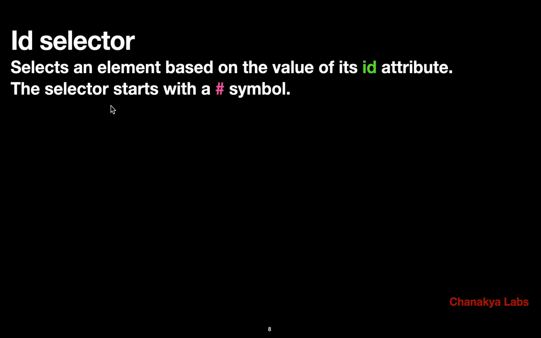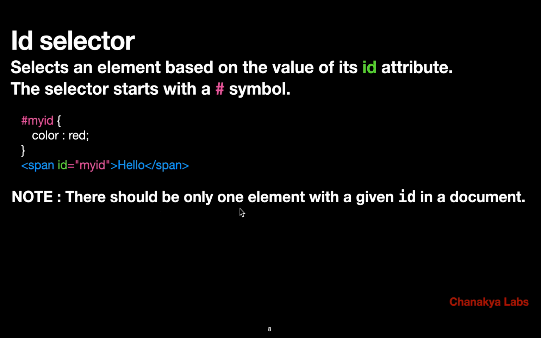And ID selector, which we already saw: if we have a particular element with a particular ID, then we can target that using hash. So my ID is the ID attribute, and this can be targeted using hash or pound symbol followed by the ID name which you have provided. And again, just to highlight that there should be one and only one such ID in the document.